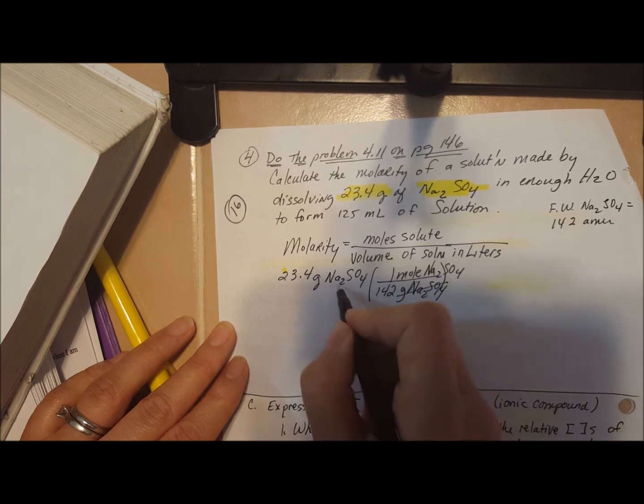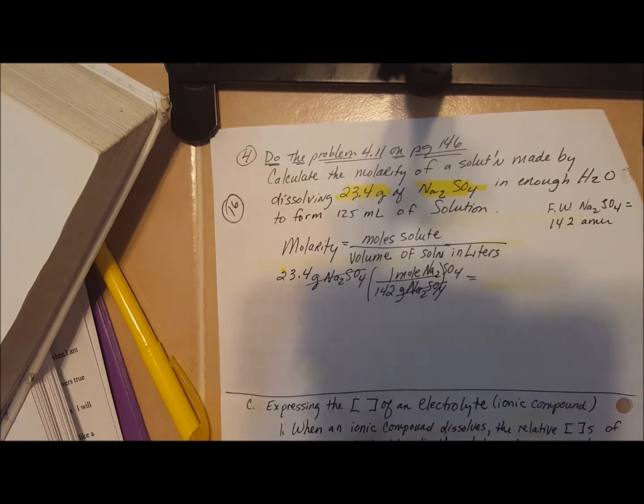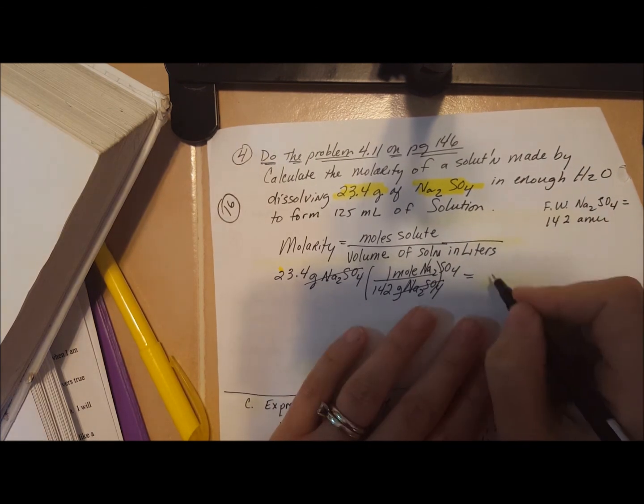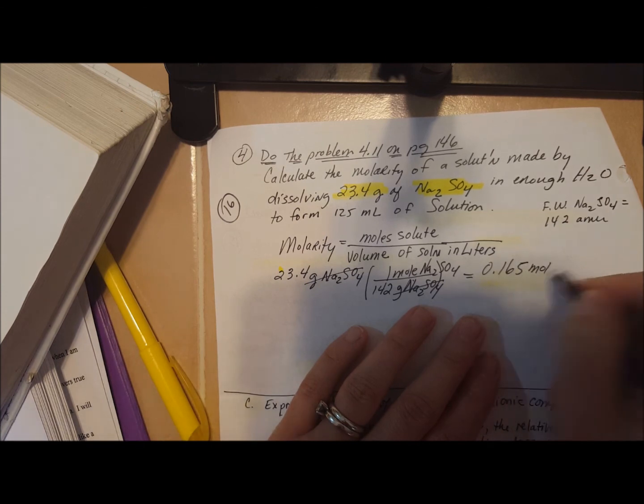Okay, so opposite sides cancel. We eliminated grams, and now we have converted to moles. So when we do the math, we see that this works out to 0.165 moles of sodium sulfate.